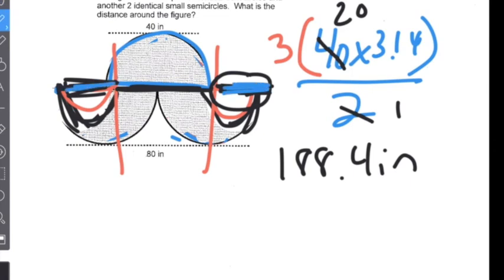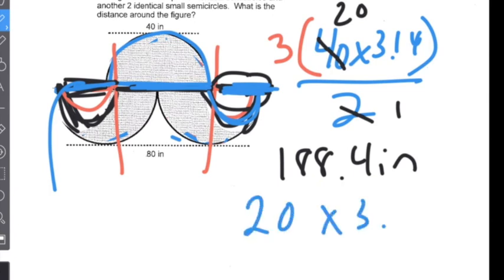It's 20 plus 40 plus 20, which equals 80. So these are 20, and I basically have one full circle, this part and this part. So I'm just going to do 20 times 3.14. I do not have to divide by 2 because I'm counting it as one circle. When you do that, you're going to get 62.8.